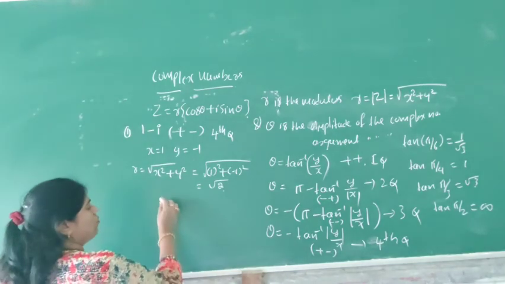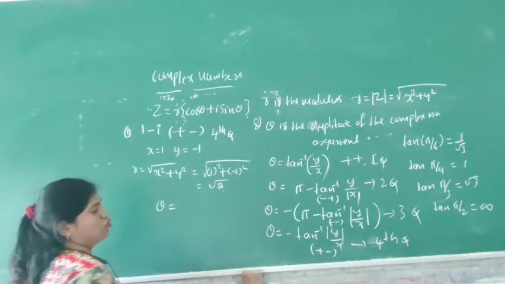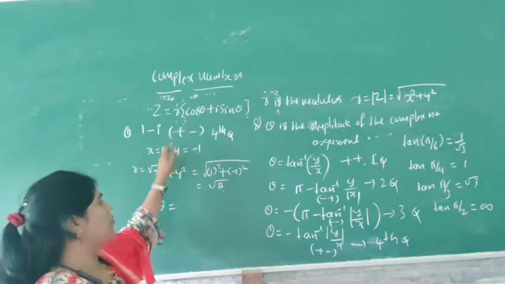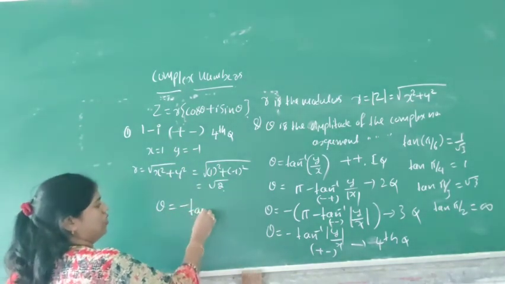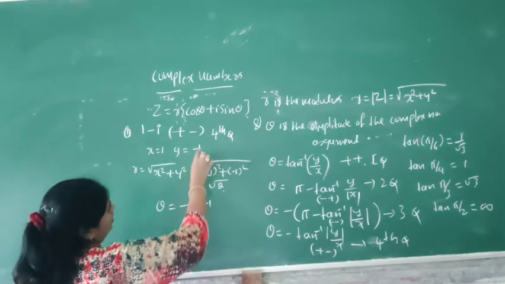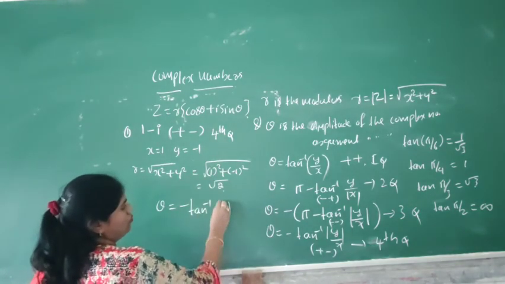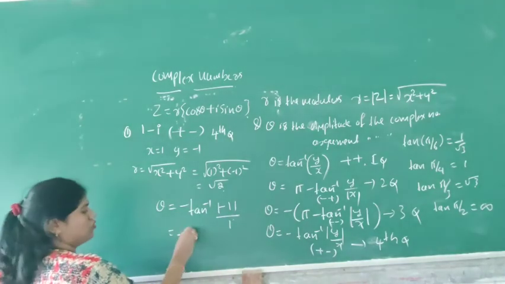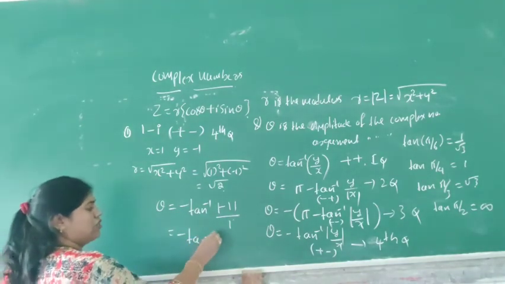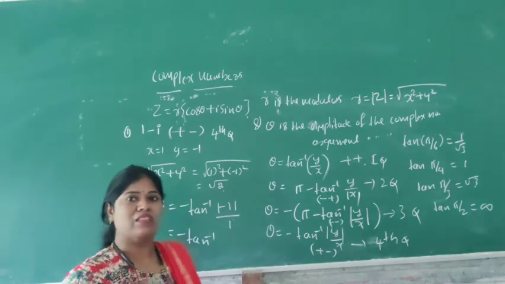How to find the amplitude? Theta is equal to the fourth quadrant formula, so minus tan inverse of modulus of y, that is minus 1, divided by the x value, which is 1. So which is equal to minus tan inverse of modulus of 1, it becomes plus now.